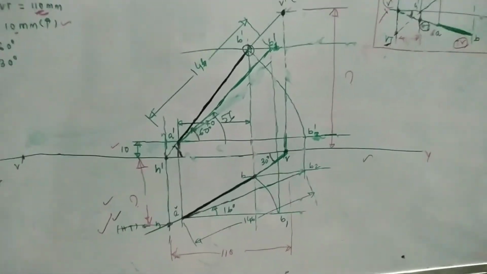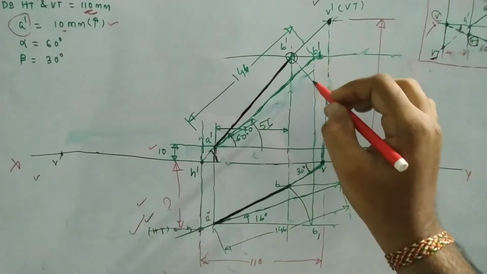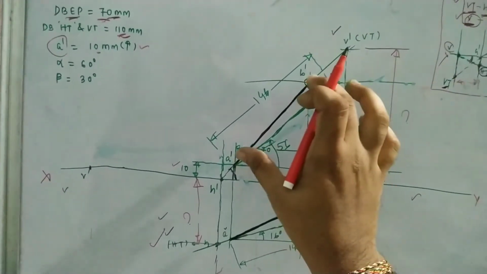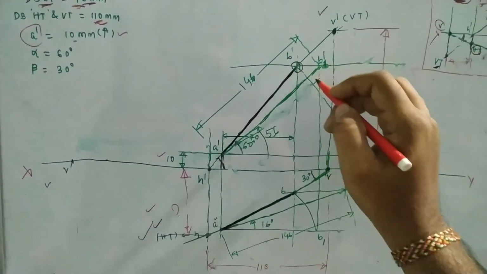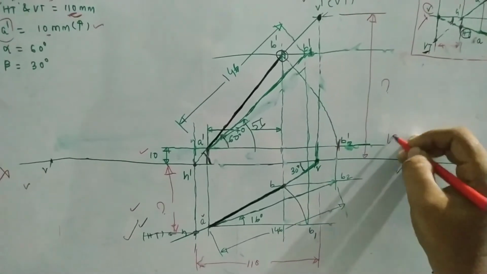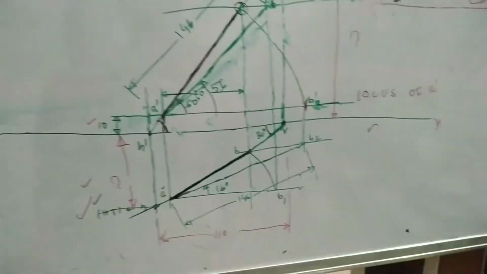Okay, so for the true length, what we need to do is project this length, which is the given length, by using a compass. We have to draw an arc. Okay, so if I draw an arc, it will intersect here at the locus of A dash.